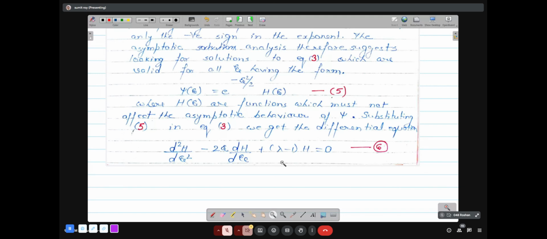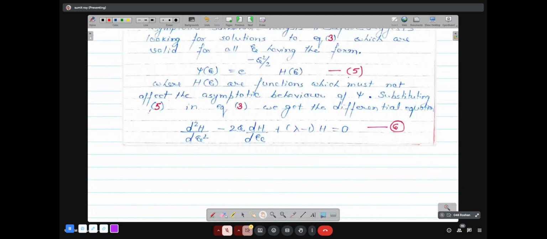Now, if anyone is a little bit familiar with the Hermite equation, it generally has this type of format: d2y by dx square minus 2x dy by dx plus 2n y is equal to 0. हर्माइट इक्वेशन में खाली थोड़ा सा एक डिफरेंस होता है, यहां पर एक 2n होता है.